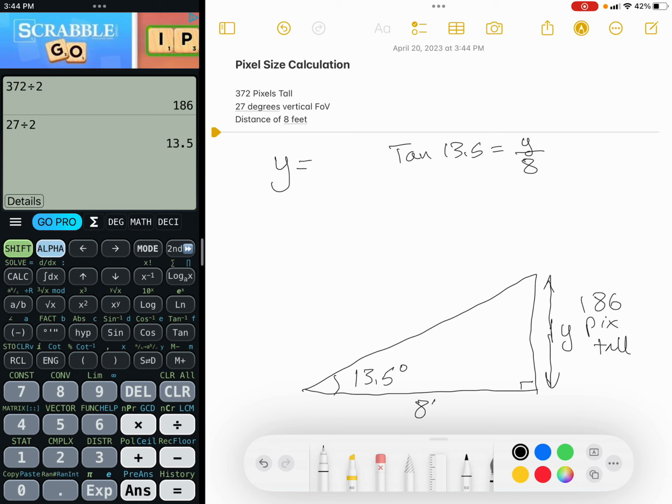So if we solve for this, y equals 8 times the tangent of 13.5.